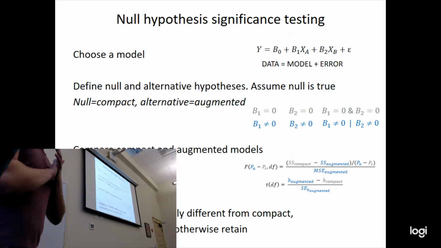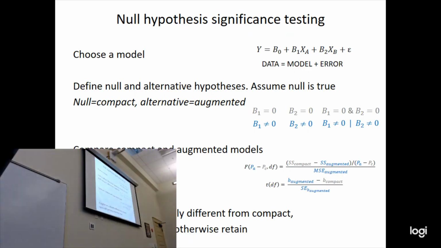So CRUD ends up being a real problem, if you accept that it actually is present, for the default way of doing null hypothesis significance testing.